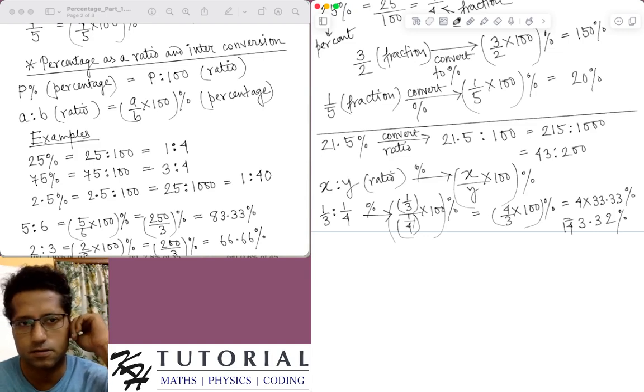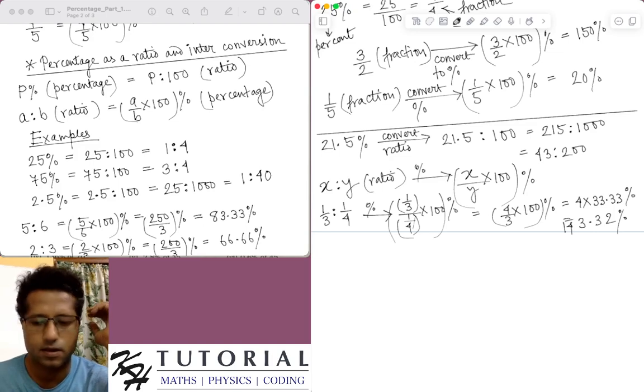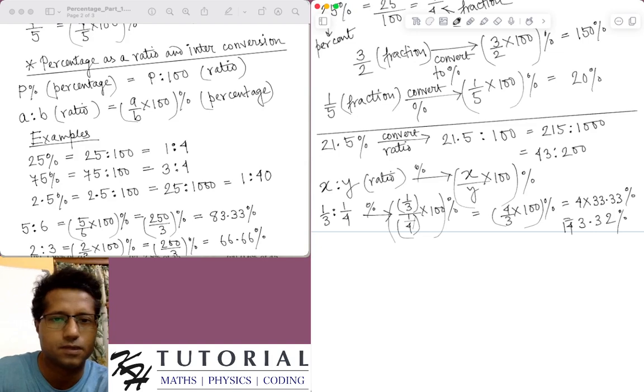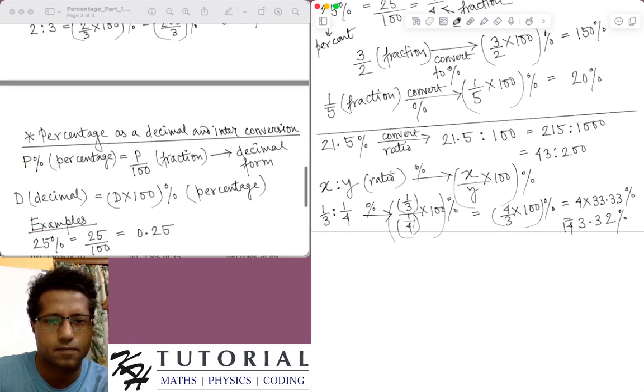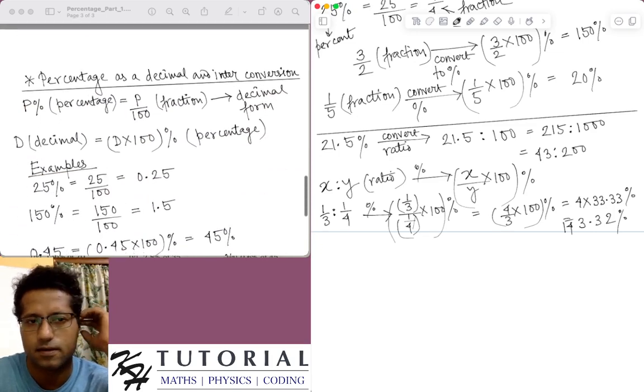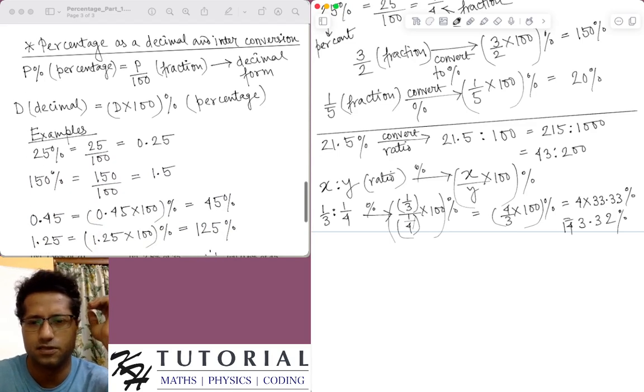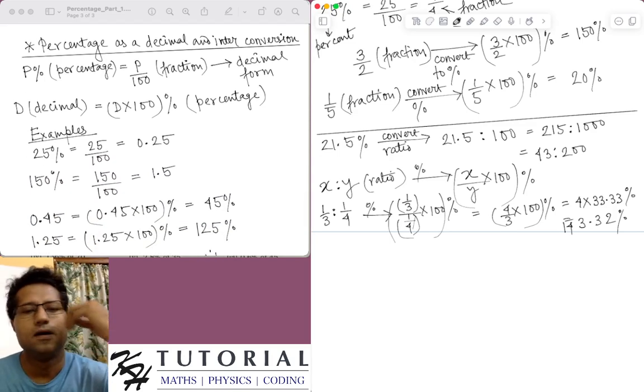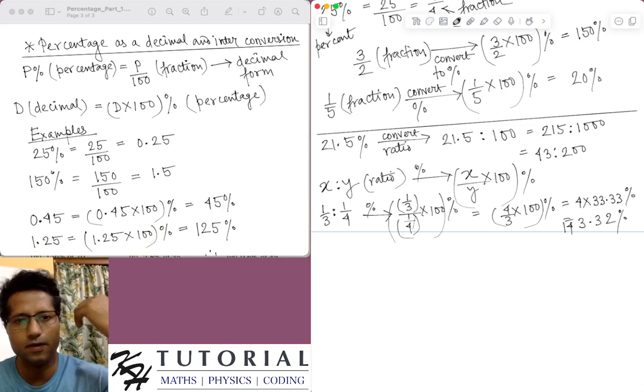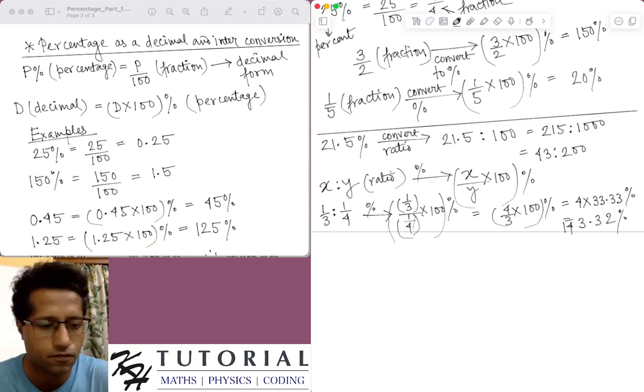Okay, so this was about how we express a percentage as a ratio, and how we convert a ratio back to a percentage. And the last one is percentage as a decimal number and interconversion. This is very similar to fractions. We have a percentage. How do we express that percentage in decimal form?